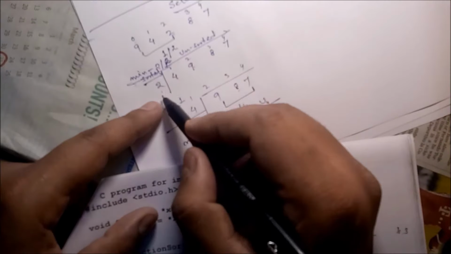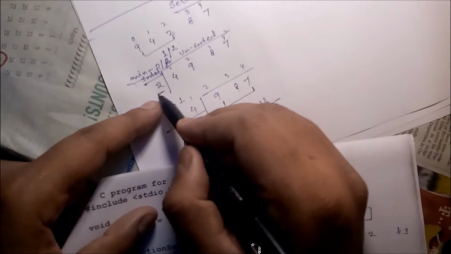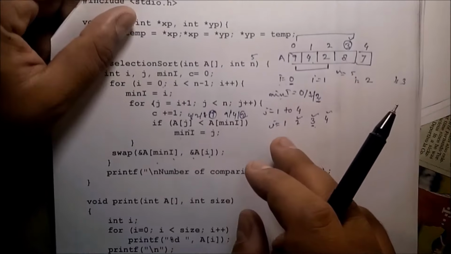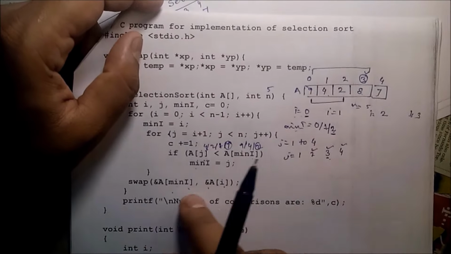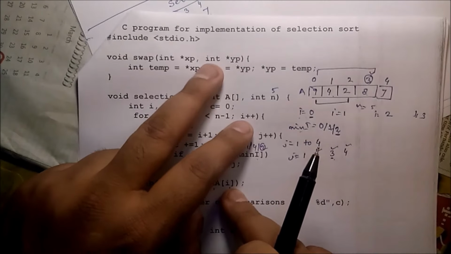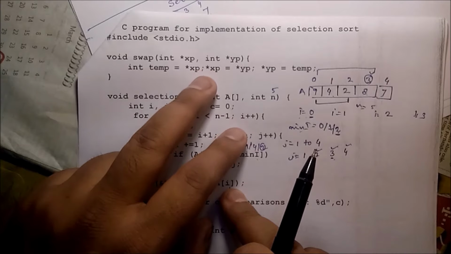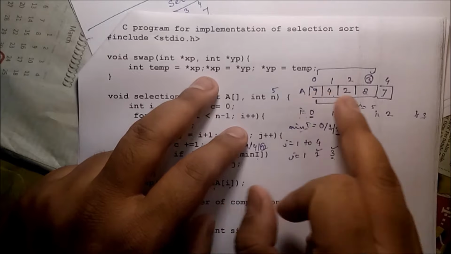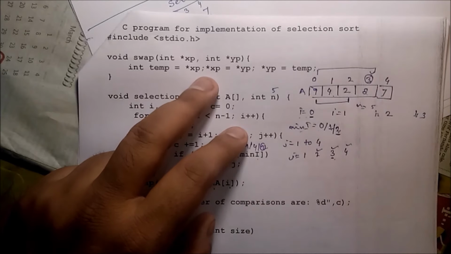After swapping, 2 will be first, then 4, then 9. Here you are passing the address of this particular array content, and here it is pointer type. You have to use call by reference to swap the data.